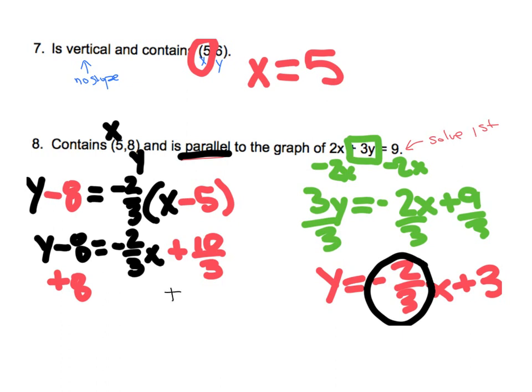So we'd be adding 24 over 3, because 24 over 3 is the same thing as 8. But we have to change it so our fractions have the same denominator to actually be able to mathematically work this out.